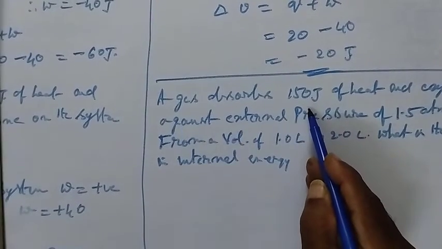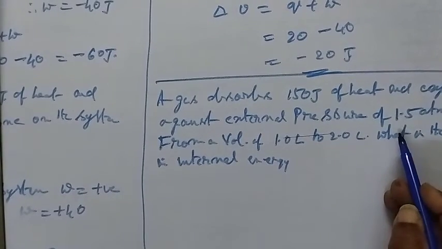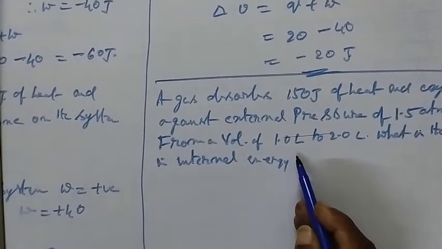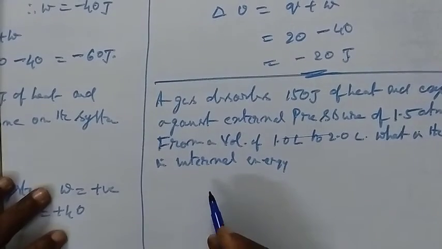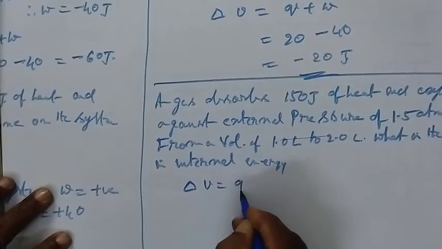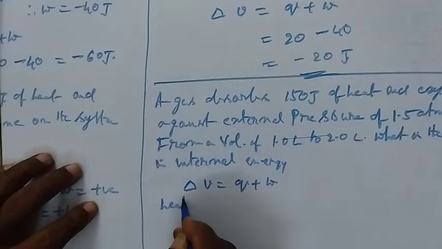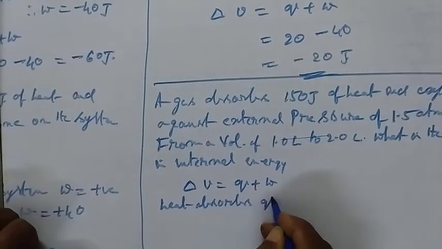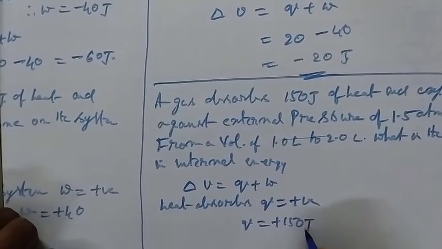A gas absorbs 150 joule of heat and expands against the external pressure of 1.5 atmosphere from 1 liter to 2 liter. What is the change in internal energy? Delta U equal to Q plus W. Here heat is absorbed, means Q is positive, therefore Q equal to 150 joule.